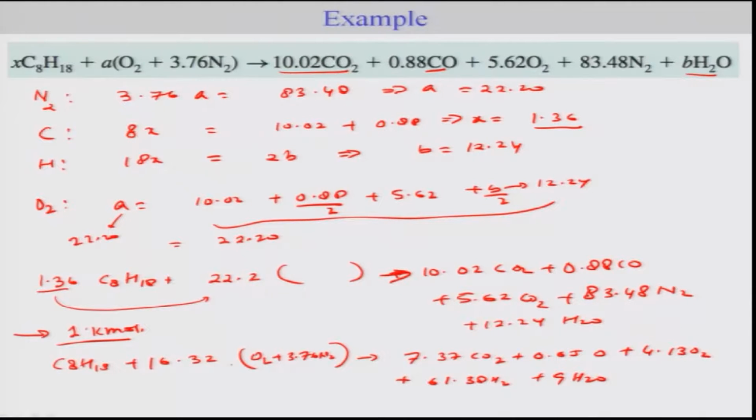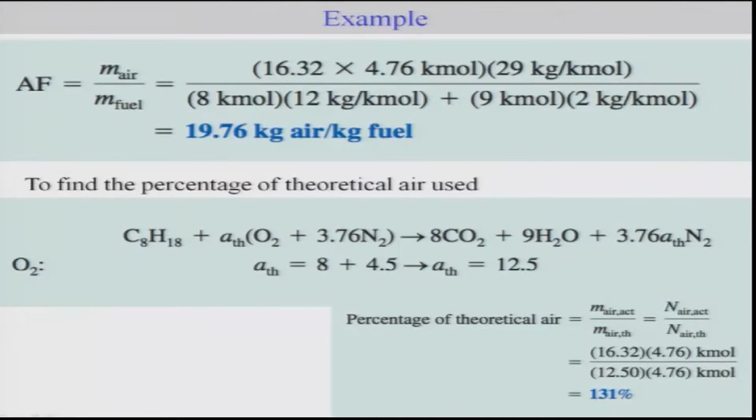So your M air is 16.32 into 4.76 kilomole, because that includes the oxygen and nitrogen, multiplied by the molar mass of air. Fuel is 8 kilomole multiplied for the carbon and then for the hydrogen, so that makes your air fuel ratio 19.76 kg air per kg fuel.